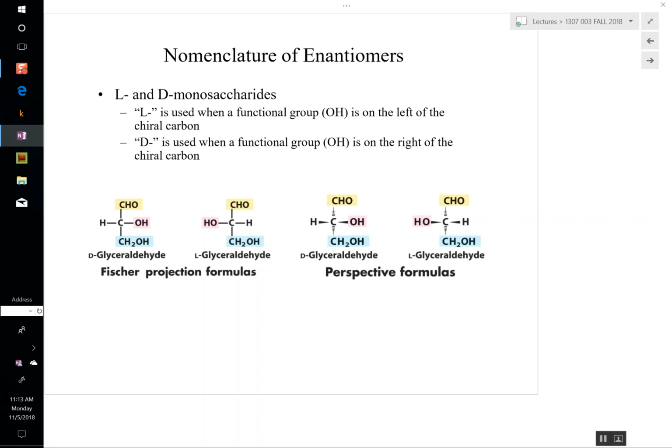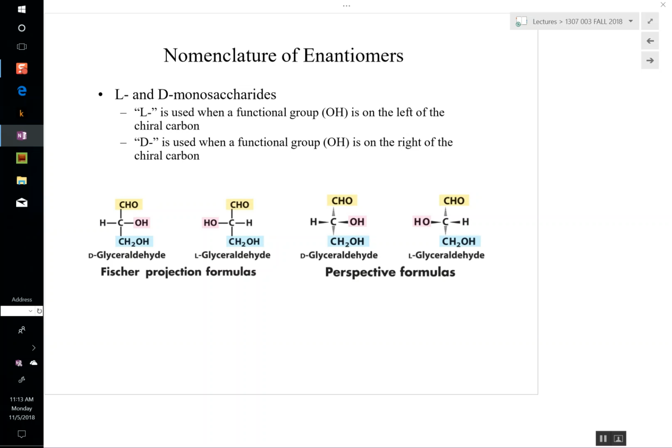This is our standard. This is our reference molecule for deciding what is D and what is L. We're going to find that we even come back to this molecule to decide whether an amino acid is D or L. We're going to come back to this 3-carbon monosaccharide. You follow me?